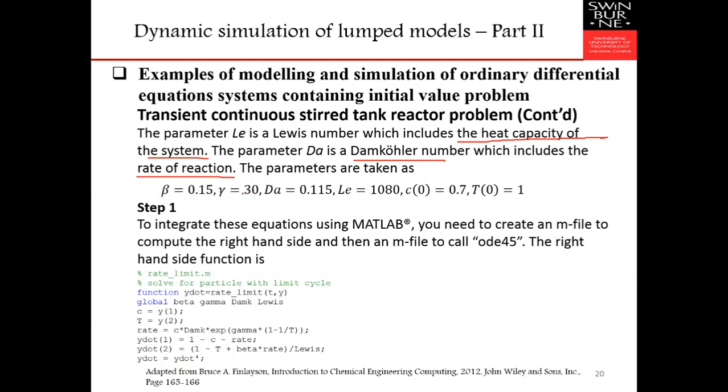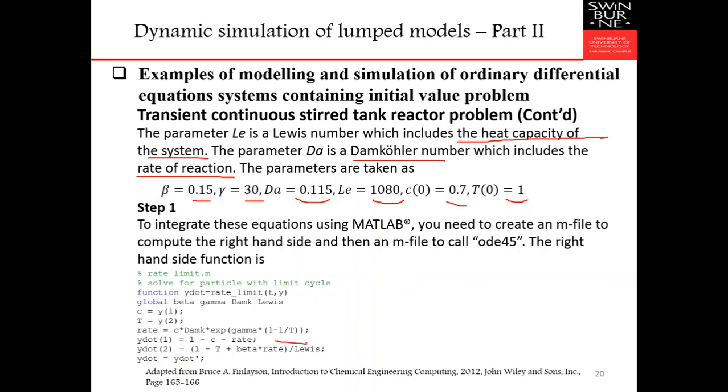The parameters are taken as: V is equal to 0.15, gamma is 30, the Damköhler number is 0.115, Lewis is this, C is this, and T naught is equal to 1. We first need to create the function file to express our differential equations.